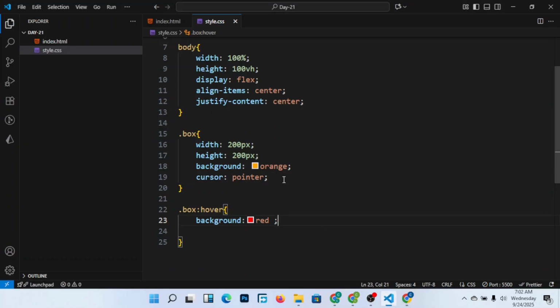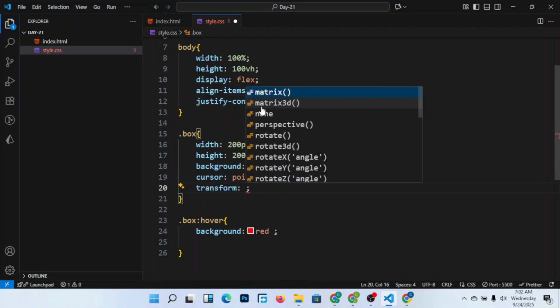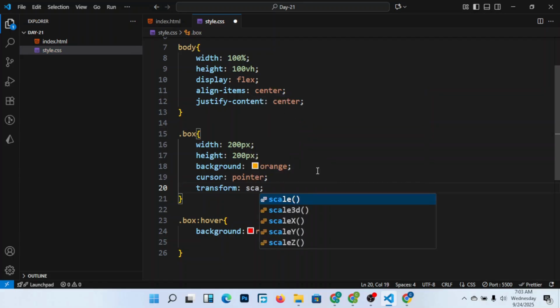So now I bring in my scales. I come here, I say transform. Now guys, we have learned these things in this lesson. It says scale, and you know what scale does.